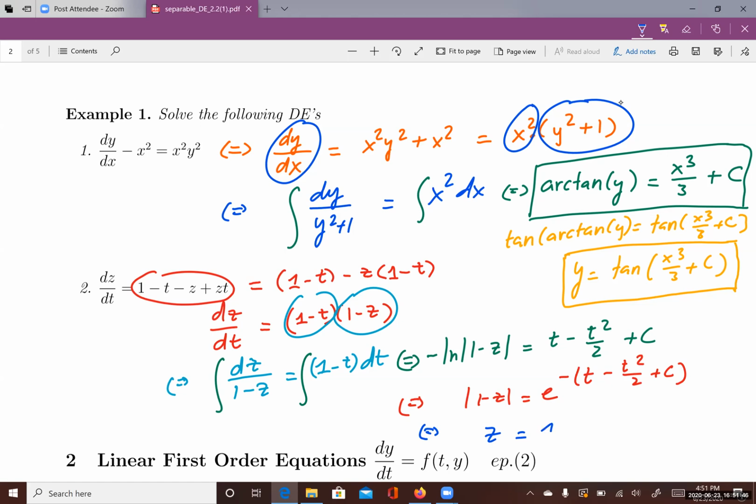So z equals 1 minus big C, e to the negative t plus t squared over 2, which is my general solution to this differential equation. Yeah, you just do some algebra here, right? You get rid of the absolute value here, and then you solve for z, moving it around to get your solution.